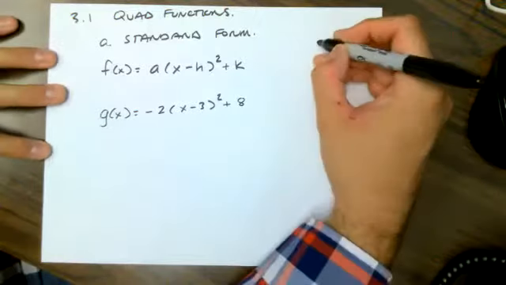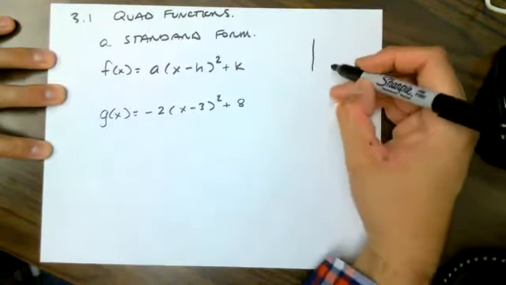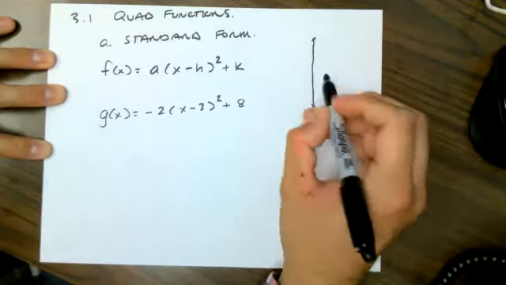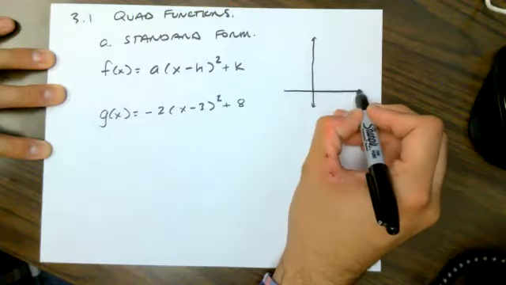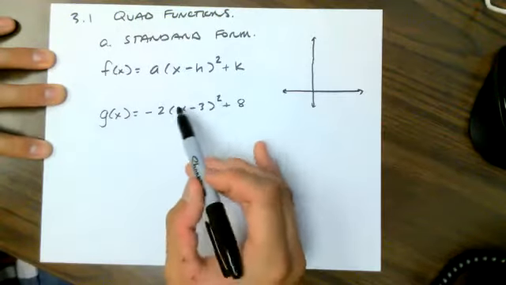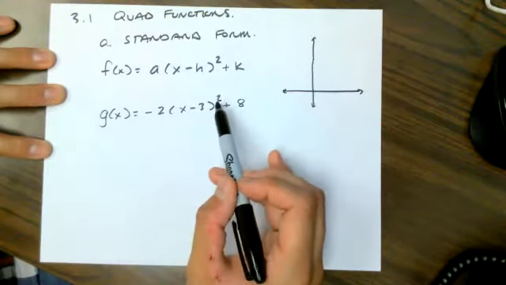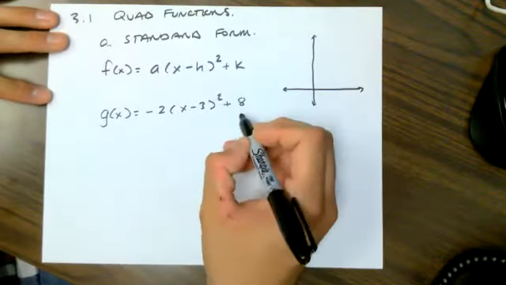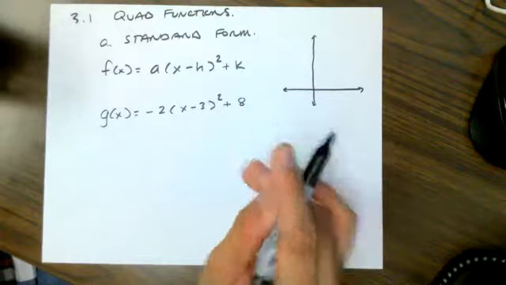Now look, from what we learned in the last chapter, we know that this parent function is x squared, so it's a standard quadratic, right? And then the -3 and the 8 are going to tell us where it shifts to.